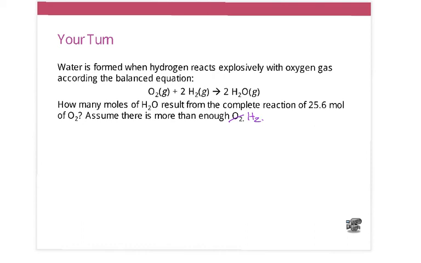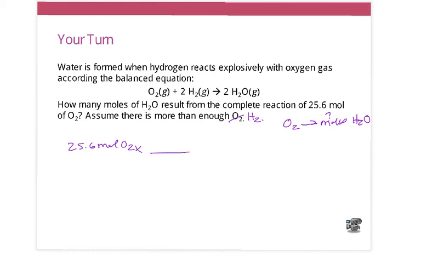First thing that we want to write is what we're given, 25.6 moles of O2. Now we want to go from how many moles of O2 to how many moles of H2O, which is our product here. Now let's use the coefficients that we have up there to give us our conversion factor of ratios.